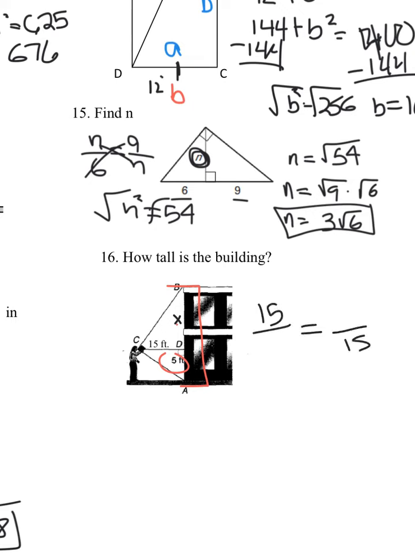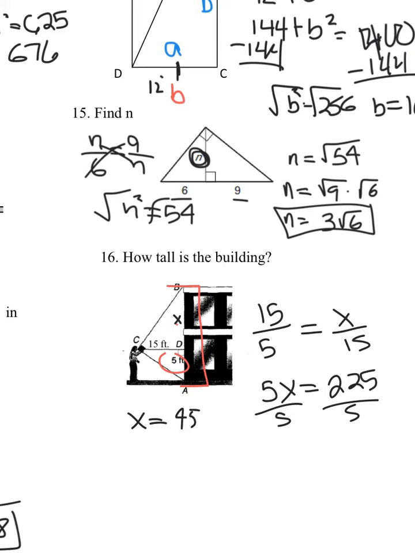So just like in the previous question, even though it's a number, it goes diagonal to itself. The 5 and the x fill in the other two gaps. Cross multiply. 5x equals 225. Divide by 5, x equals, is it 45, I think I said? Yes. 45 is not our answer. You must add it to the 5 feet to get the whole building.